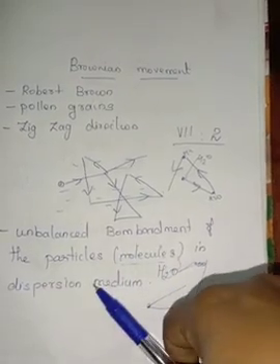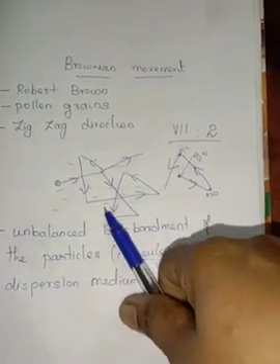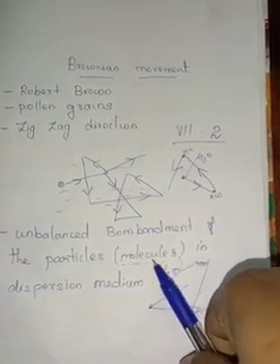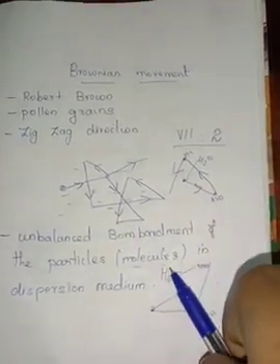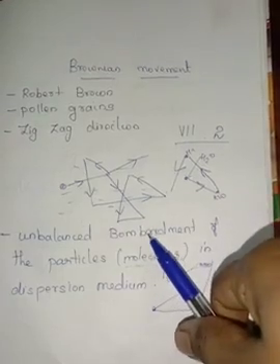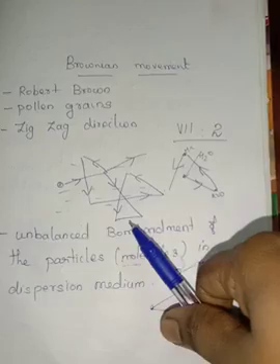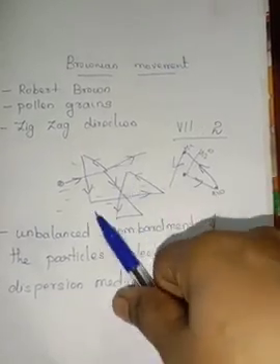What particles? Those present in the dispersion medium. Here what is the particle? Water. So H2O molecules collide with the pollen grain. Due to this collision, the pollen grains are not standing in one position. They are moving here and there in a zigzag fashion.